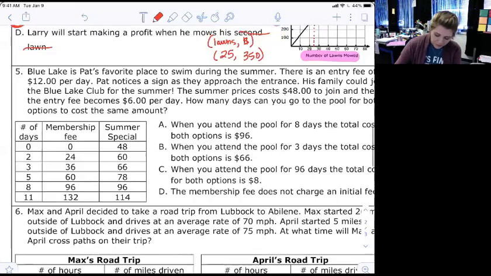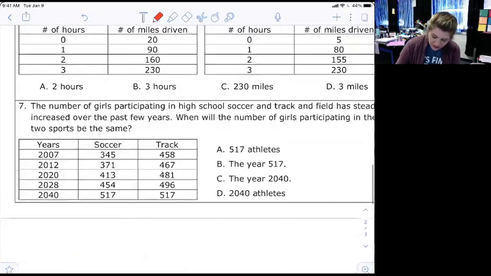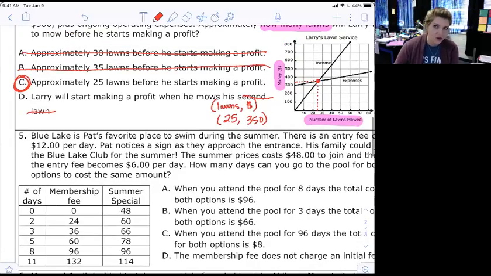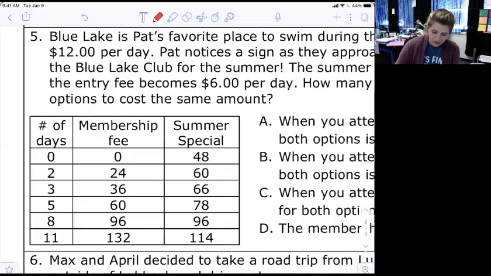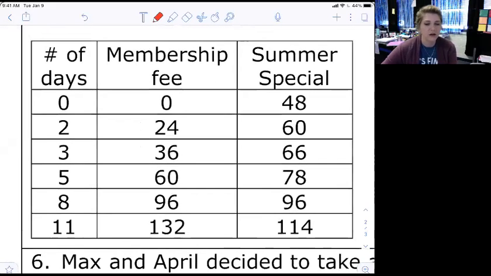Okay. Now, these next 3 problems are super easy. I don't want you to read them. I want you to think about it. Just take a look. See if you can figure out where my solution would be. Where do you think it's going to be, guys?